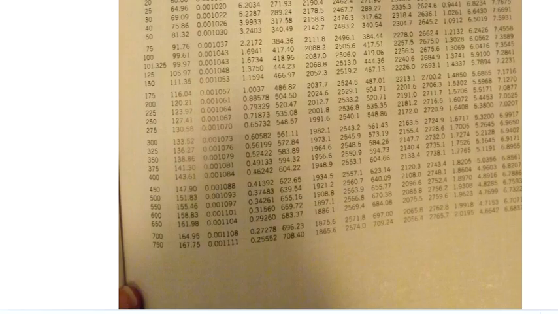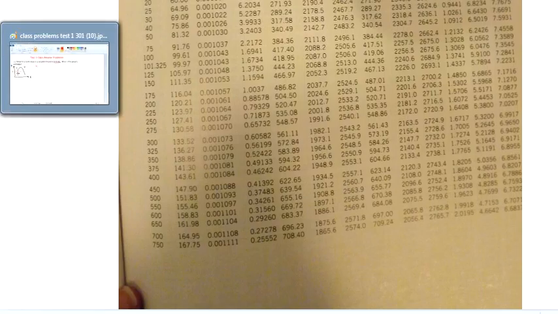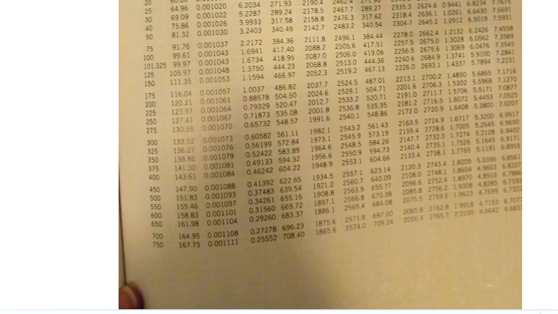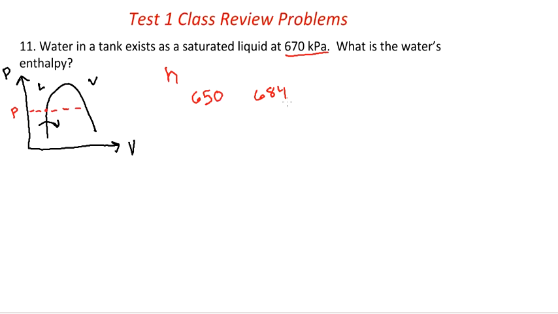I'm really bad at remembering numbers. It's 684.08 kilojoules per kilogram, and this is kilopascals.